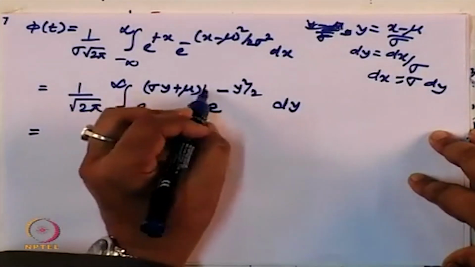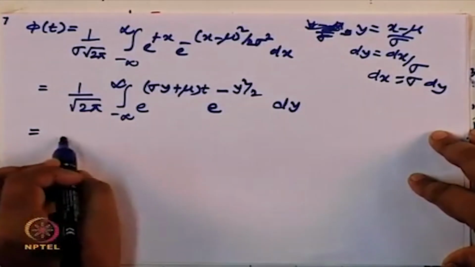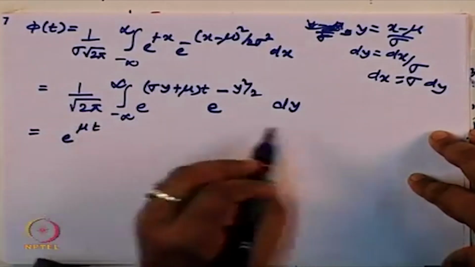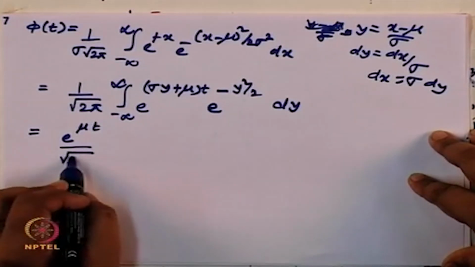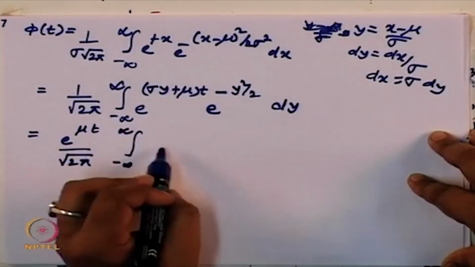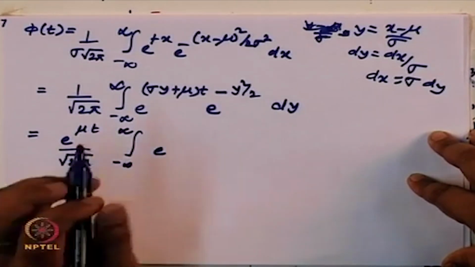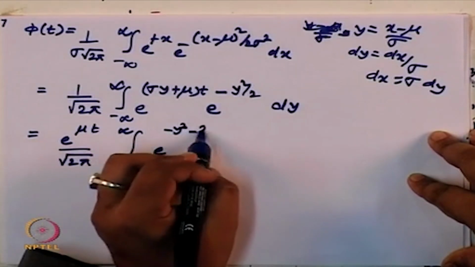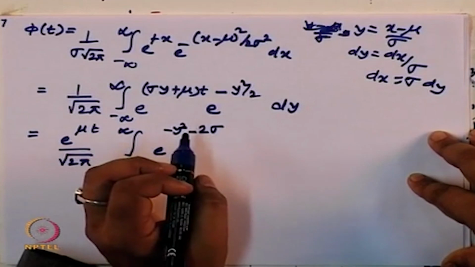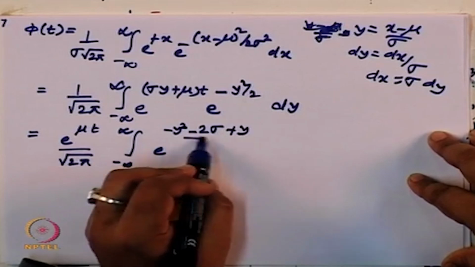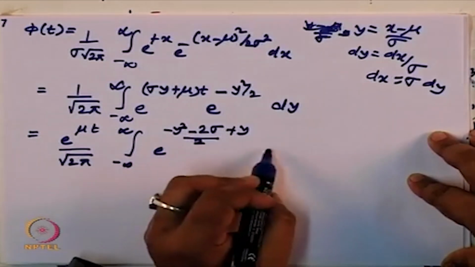I can take this mu t term out, because the integral is over y, and I can write it as the integral from minus infinity to infinity of e to the power minus y square minus 2 sigma t y by 2, into dy.